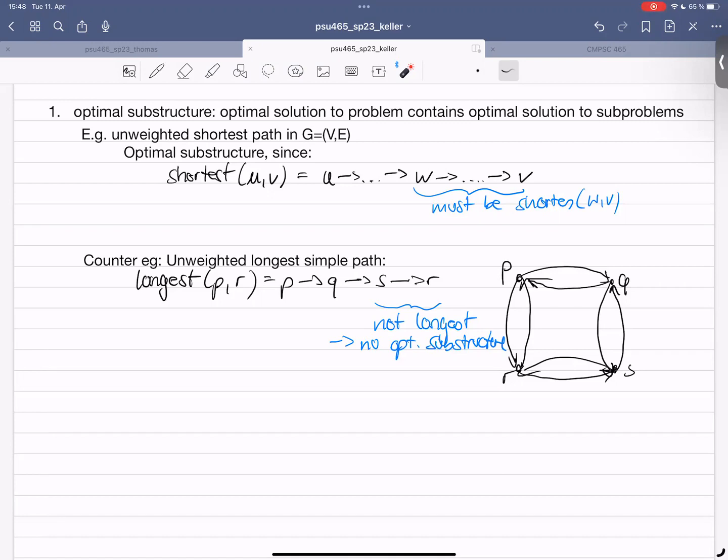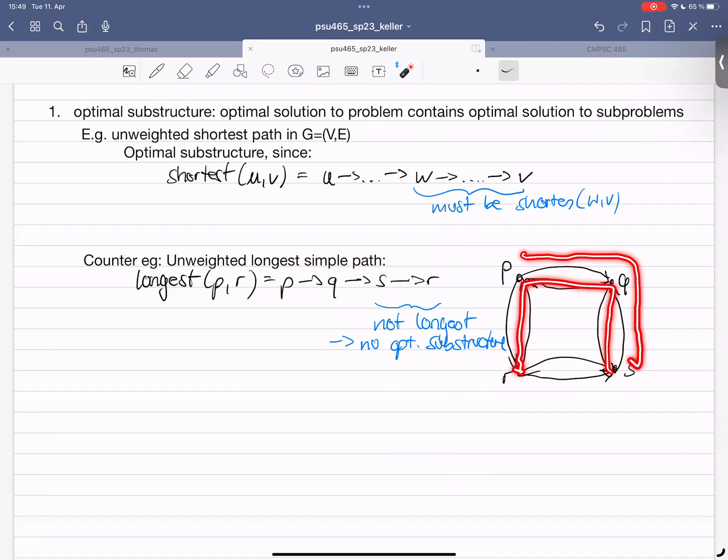I'm not 100% sure I understood the question, but let me try to answer it, and you can tell me if I answered the wrong question. But the idea is that you're trying to solve, let's say, two problems, and let's say you look at the subpath from P to S and from S to R, and you would look at the longest path from S to R, which goes here, and then you would try to attach it to the longest path from P to S. But the longest path from P to S would reuse some of these vertices, and that's why they're incompatible.